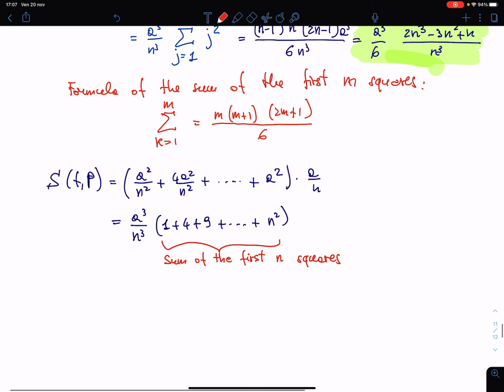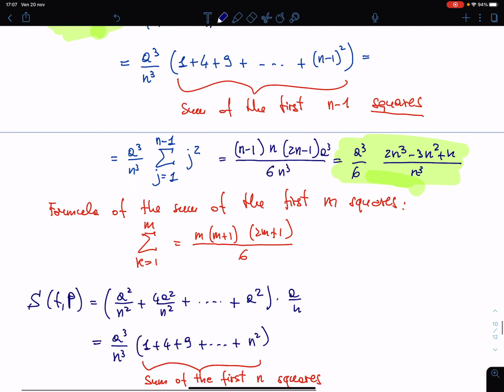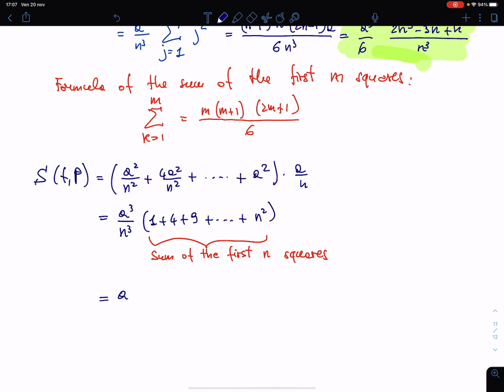So therefore, we end up with a cube over n cube n plus 1, 2n plus 1, divided by 6, of course, which is a cube over 6 and n cube plus 3n squared plus n divided by 2.